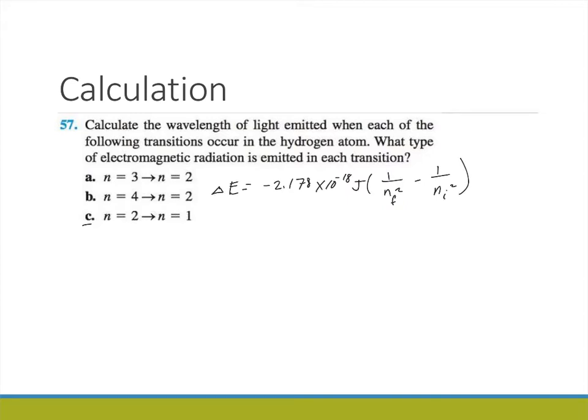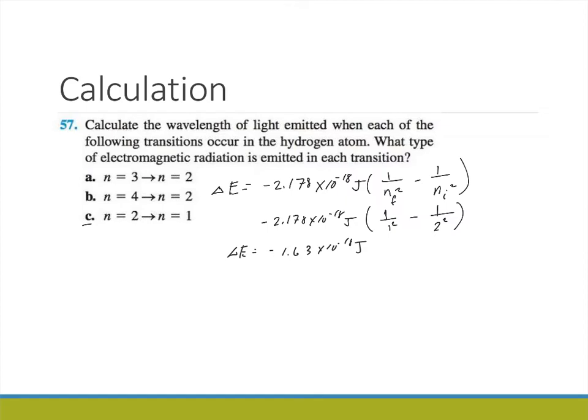And plugging in our values, we get negative 2.178 times 10 to the minus 18th joules times 1 over the final squared was 1 squared minus 1 over the n initial was 2 squared, or 1/4, and we get delta E is equal to a negative 1.63 times 10 to the minus 18th joules.